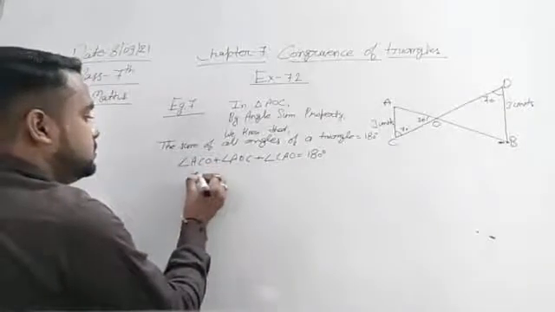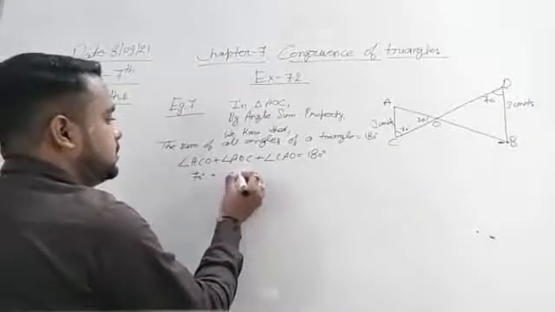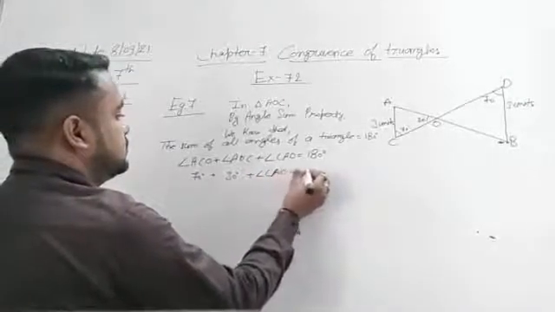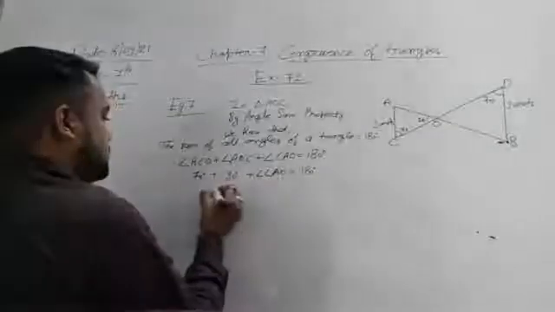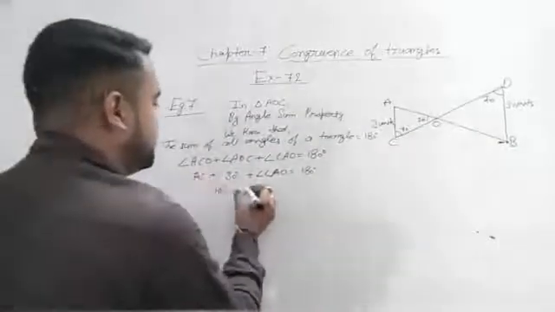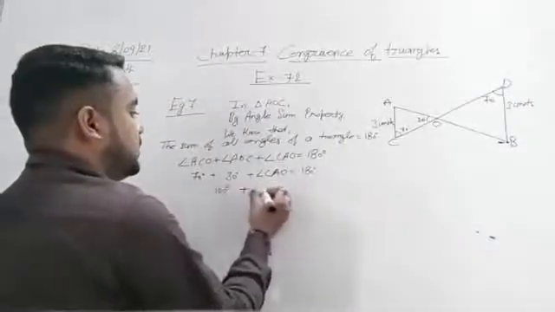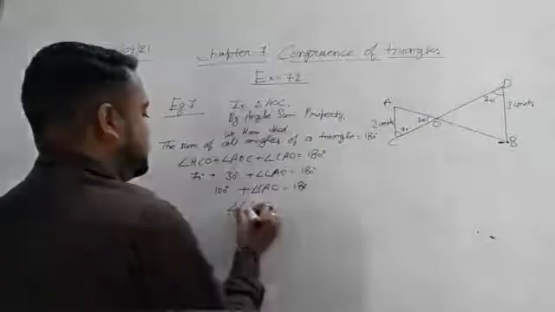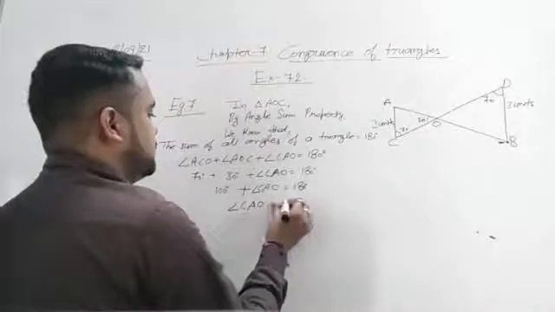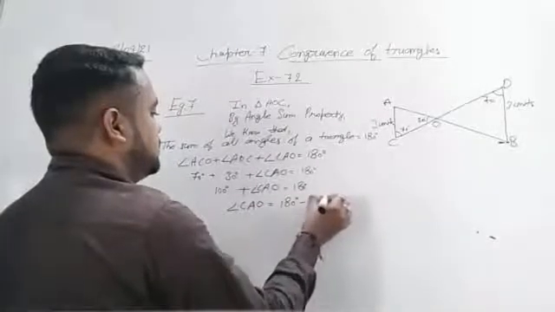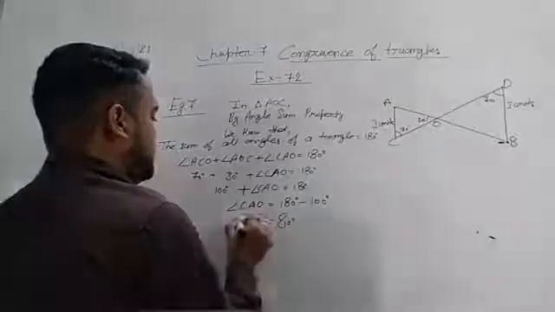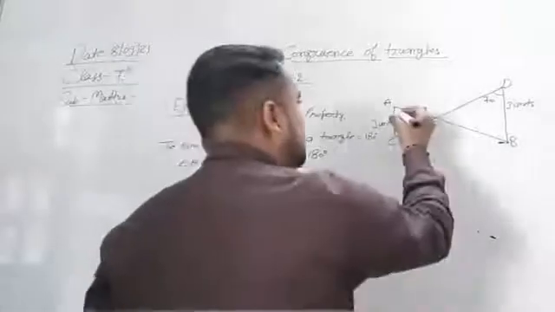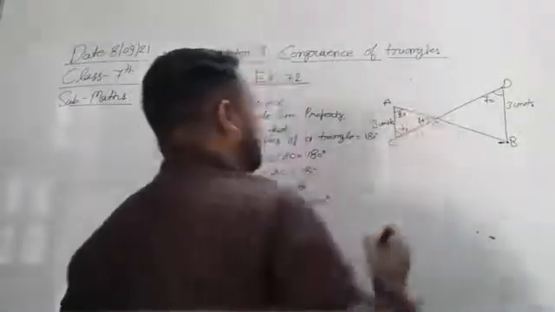Angle ACO is 70 degrees, angle AOC is 30 degrees, and we have to find angle CAO. When we add 70 and 30, we get 100 degrees, so angle CAO is equal to 180 minus 100, which is 80 degrees. So here we find the 80 degree angle.